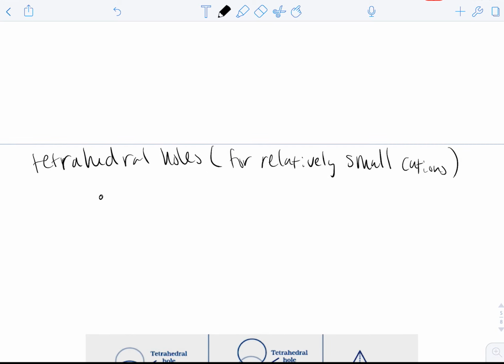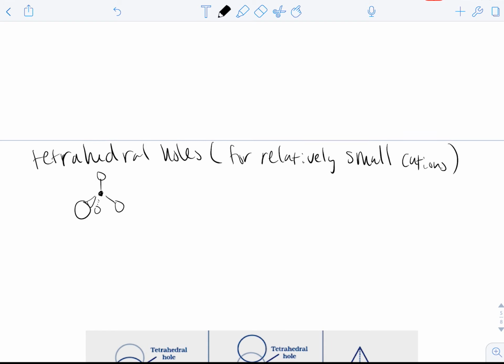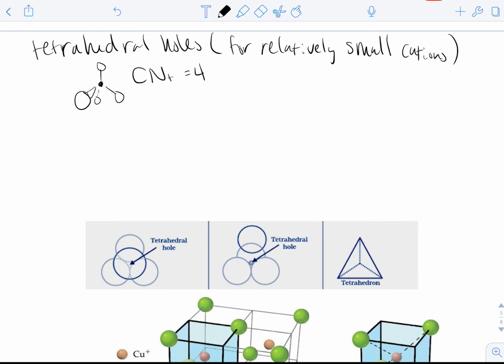We've got our cation surrounded by four anions, so we have a positive coordination number equal to 4. This is what it looks like in a much prettier way. We have our 4 anions specifically, surrounding our cation, making a tetrahedron shape around that cation, which is why it's called tetrahedral.